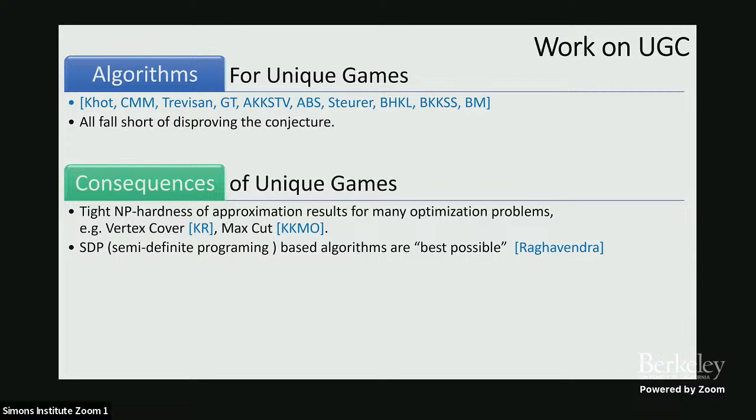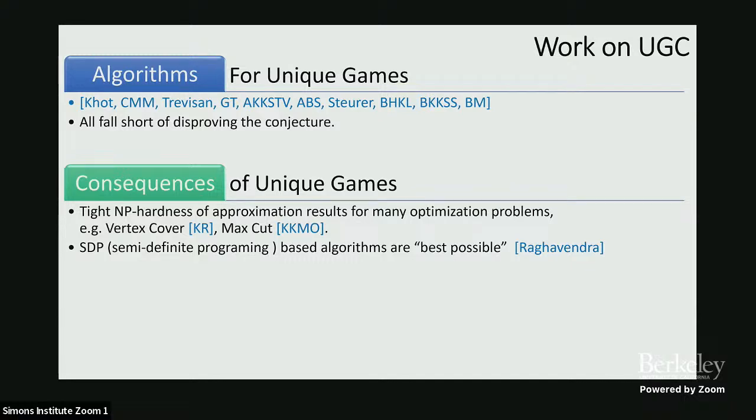Some very nice and neat results are tight hardness results for vertex cover. You're probably familiar with the trivial 2 approximation algorithm for vertex cover, where you pick an edge, you pick the 2 vertices, and repeat. It turns out this algorithm is essentially tight if you assume UGC.